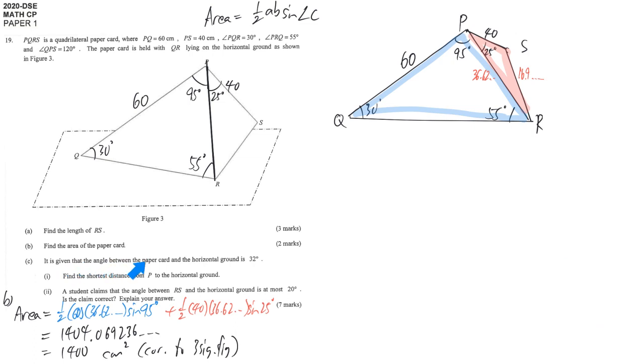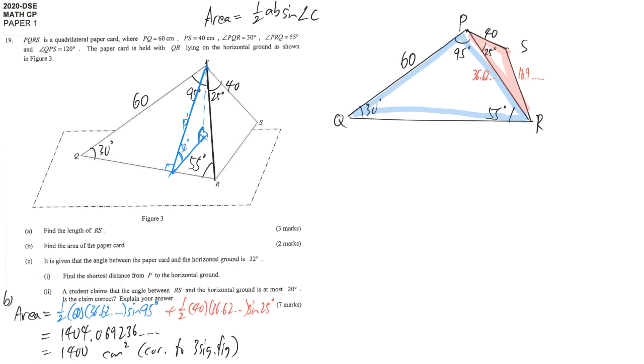Now it's given that the angle between the paper card and the horizontal ground is 32 degrees, which means that if you project P to the horizontal ground, there is a projection point P prime, which is the point on the horizontal ground closest to P. From point P we draw a perpendicular line to QR, and then from this intercept point we join it to the projection point of P. Then this angle is 32 degrees.